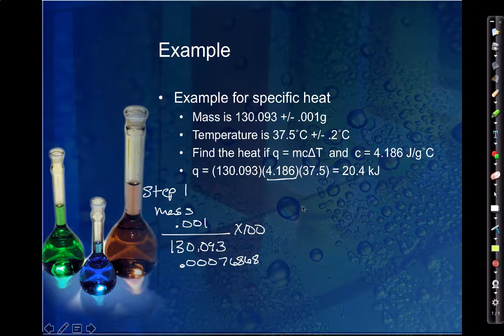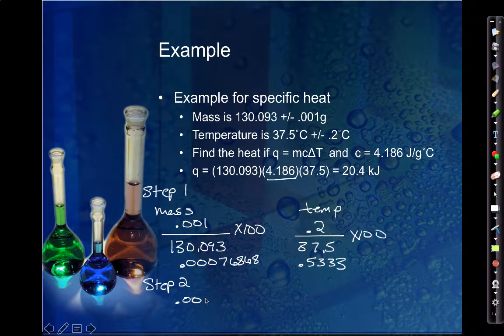All right, so let's do this for temp. So our uncertainty is 0.2 divided by the measurement. And that will give us 0.5333. All right, so now step 2, we're going to add them together.